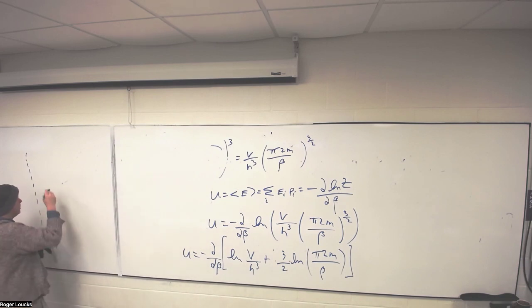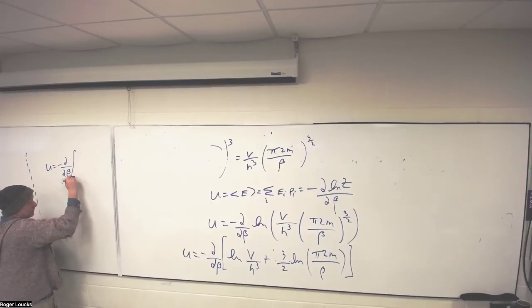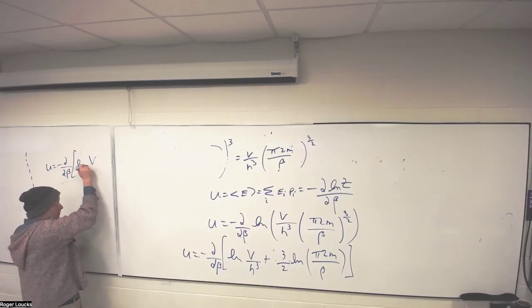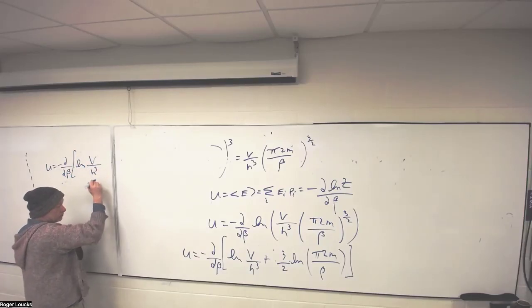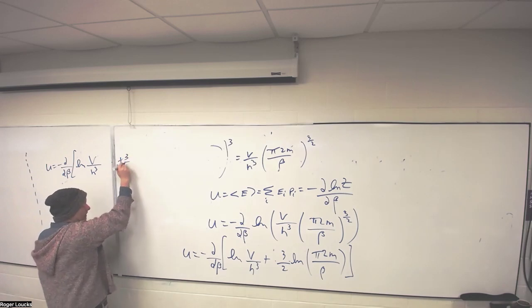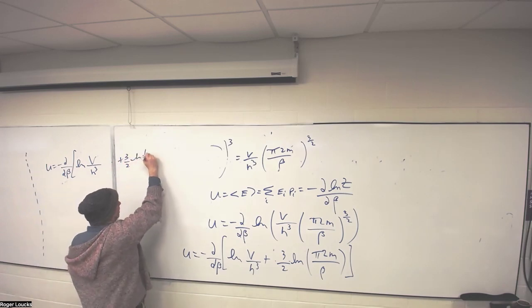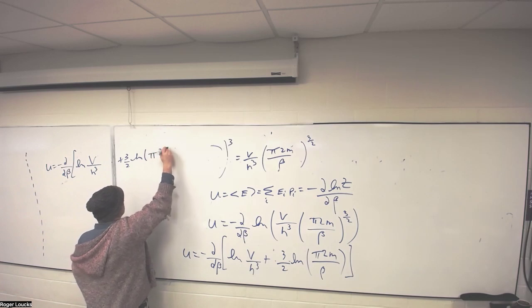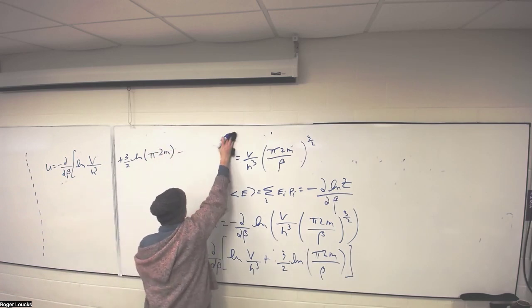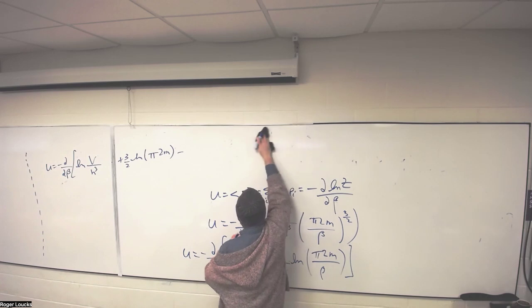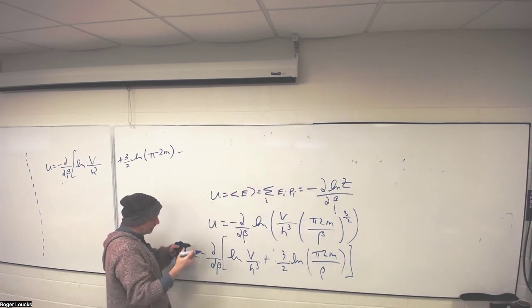It gives me the log of V over h cubed plus 3/2 the log of 2 pi m minus. And again, you don't have to do this. You can just take it, again, I like being lazy.